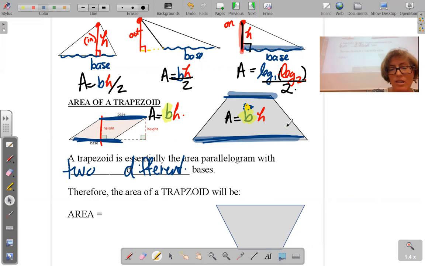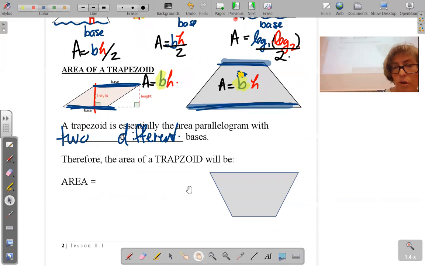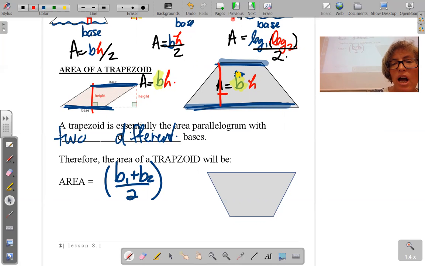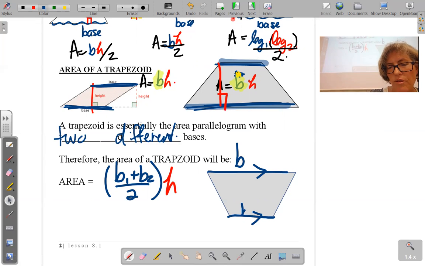So because the bases are different, we have to average the bases. Do you see what I'm doing? Times the height, again, which creates a right angle. In a trapezoid, the bases are the parallel sides, and the height, you drop straight down, right angle.